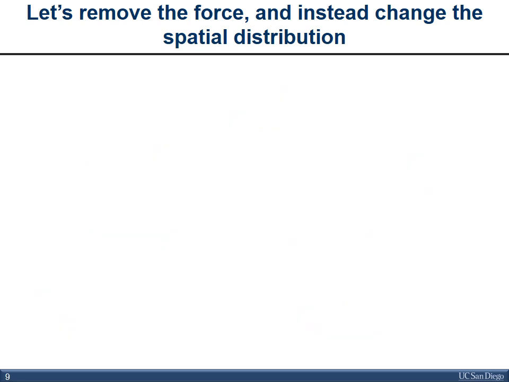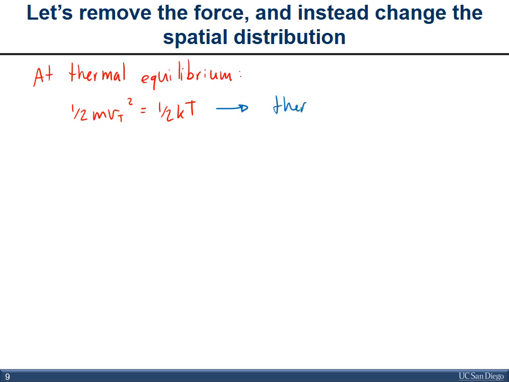Okay, so we have the drift velocity, and at thermal equilibrium we can say that 1/2 m vt squared is equal to 1/2 kT, which is just the thermal energy.